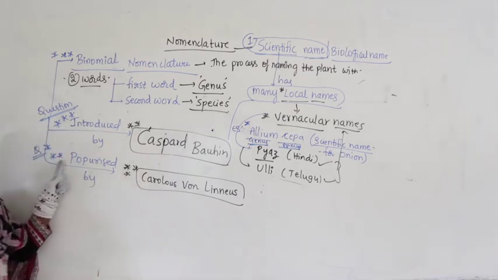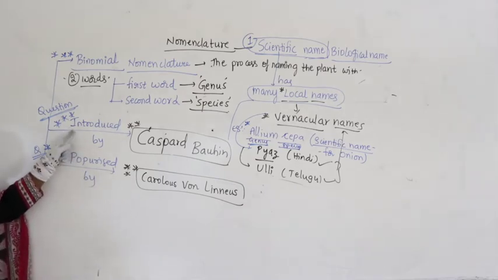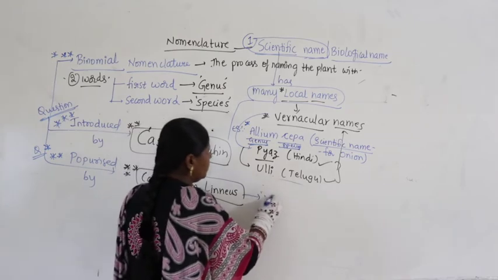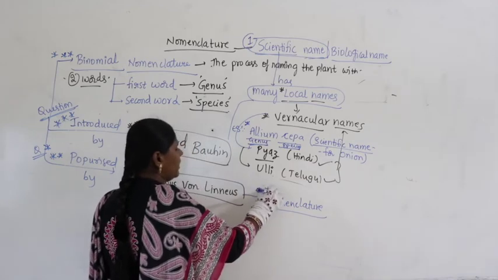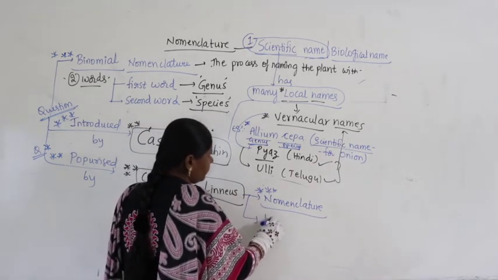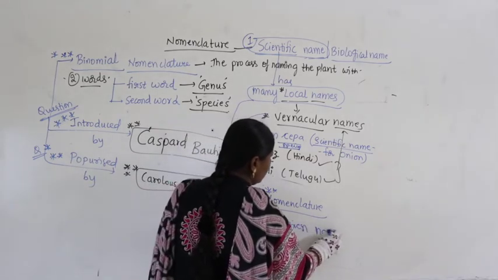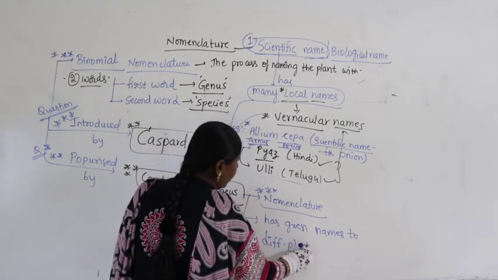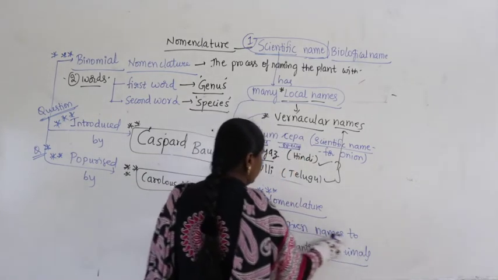So, most commonly the binomial nomenclature was popularized by Carolus von Linnaeus, first introduced by Caspar Bohen. He used nomenclature as one of the important studies he made, and he gave names to different plants and animals. So, this is important to remember.